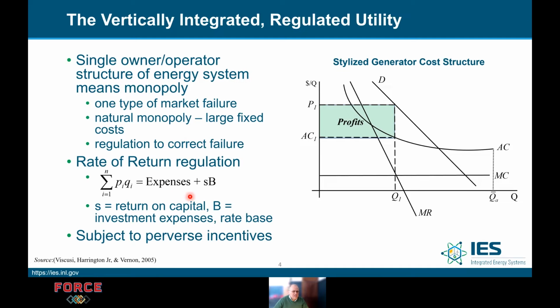So the categorization of costs, that's part of the discussion in the rate case. And then once this is established, there's a rate that's issued where the state regulator tells the utility, okay, you can charge a price P to your customers. And that price P has reflected in it some return on their capital.